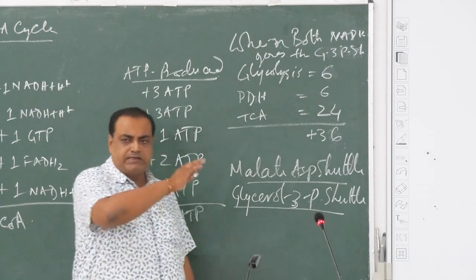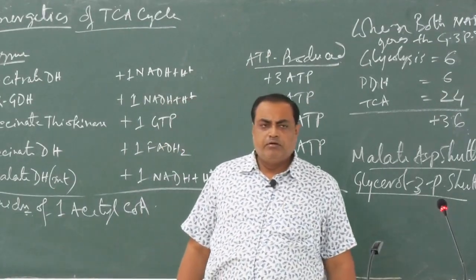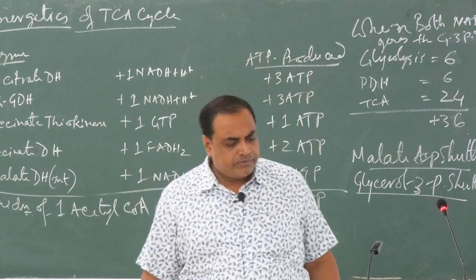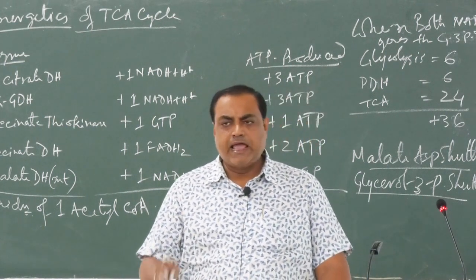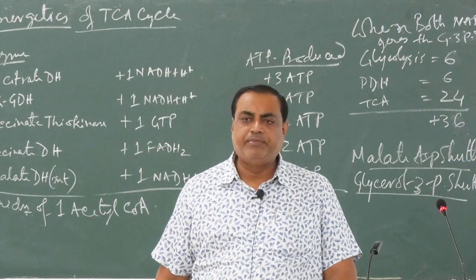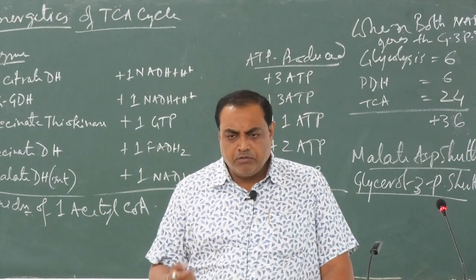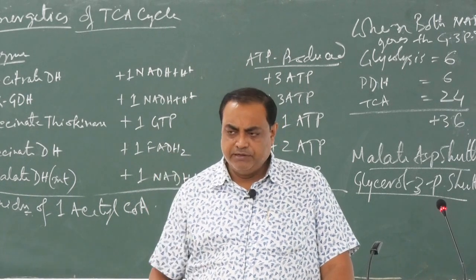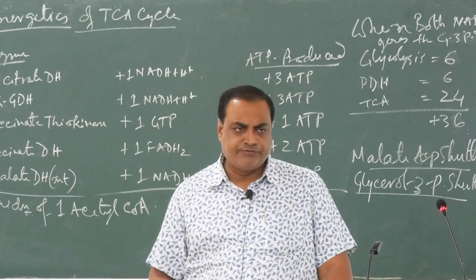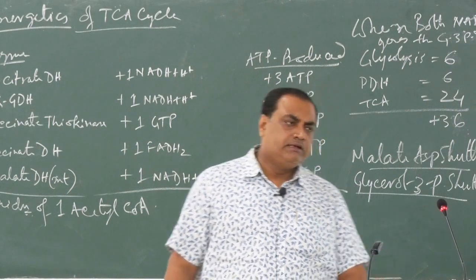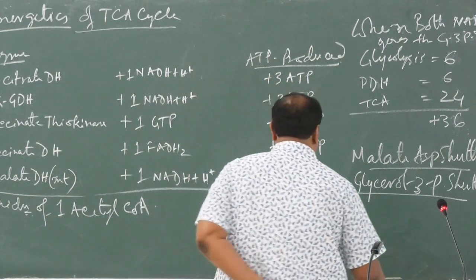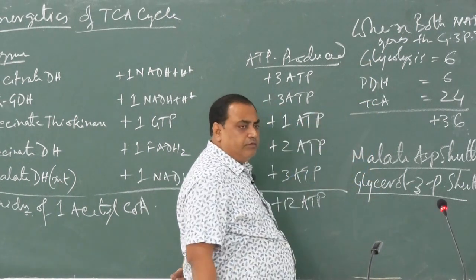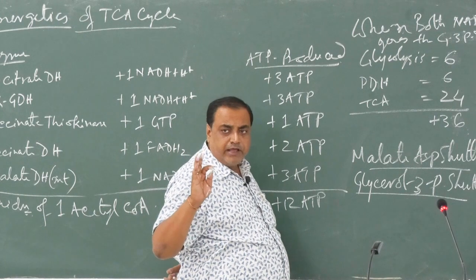Next, after the discovery of this calculation, almost 50 to 60 years later, they discovered that actually this does not happen. The amount of energy required for production of one molecule of ATP from ADP and inorganic phosphate is somewhat not equivalent to the oxidation of one molecule of NADH.